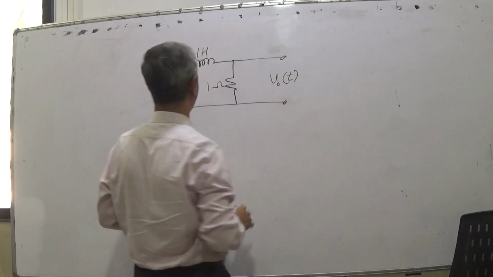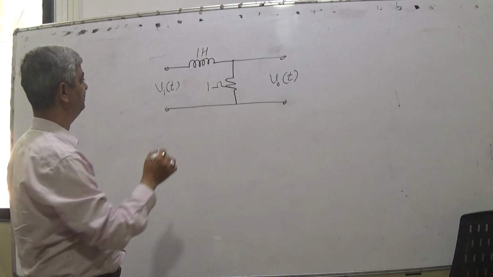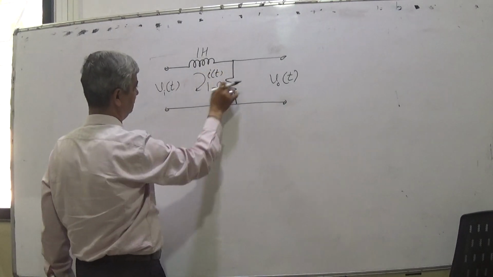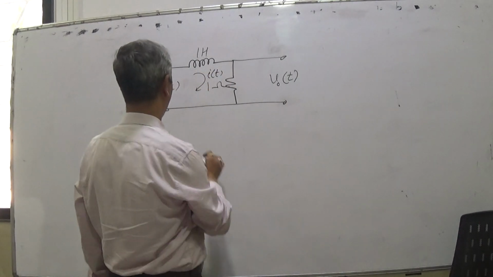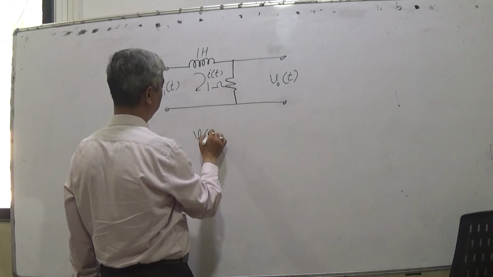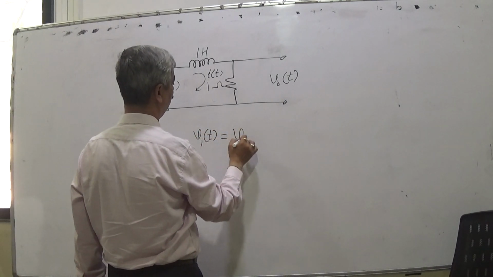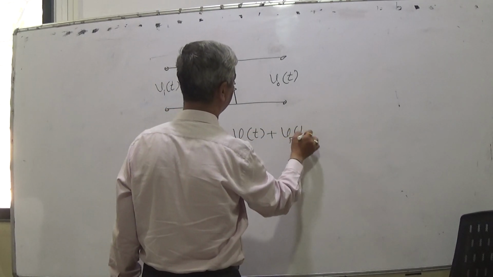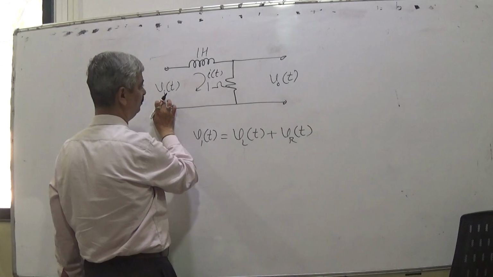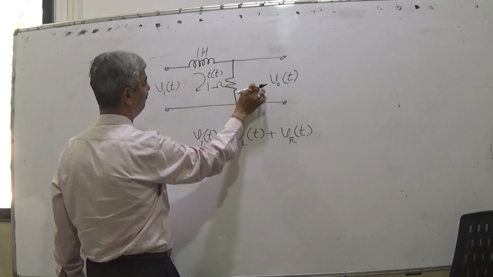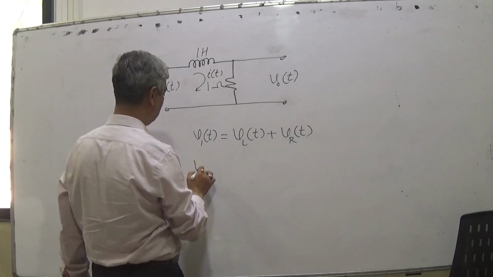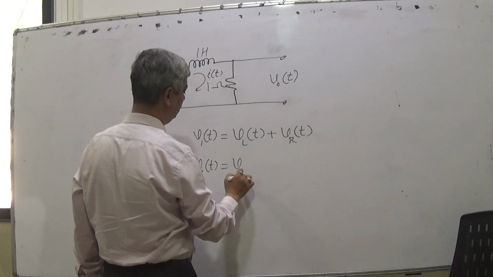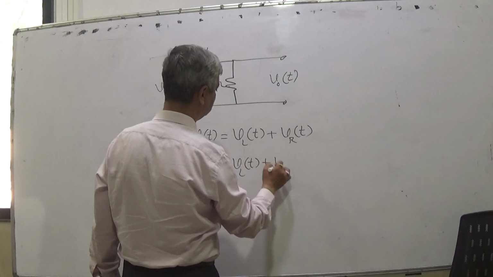So what would be the scenario? Again, the same circuit. i(t), this current is the same as this current. So vin(t) is equal to vL(t) plus vR(t). But vR(t) is vo(t). So vin(t) is equal to vL(t) plus vo(t).